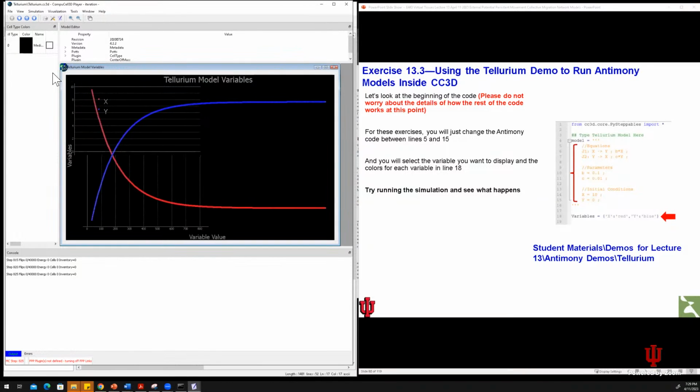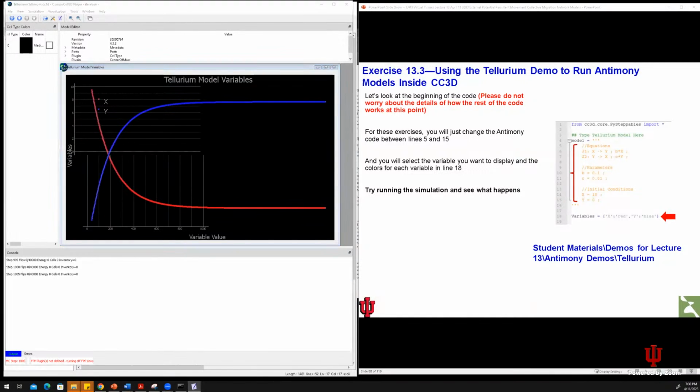It says error, attribute error, SBML solver error line 801. And it's from a file called SBMLSolverHelper.py. I can share my screen if you want to see. I have the same error actually.